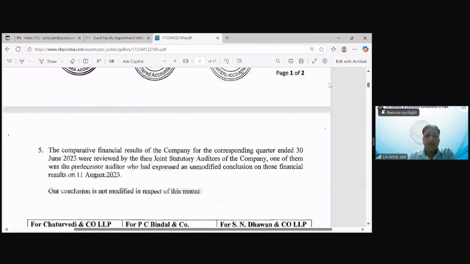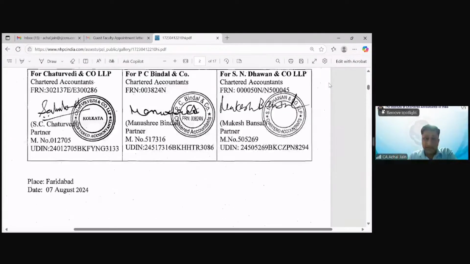And the auditor also says our conclusion is not modified in respect of this matter. Then the auditor will sign off. Okay, so they will sign in a similar manner. The way audit report is signed, UDIN will also be there, place, date, all of these things will have to be specified.